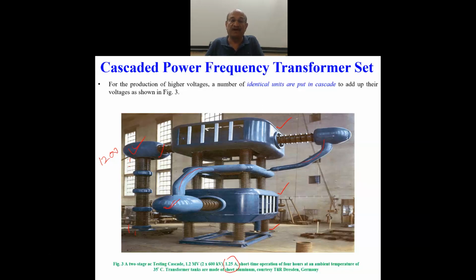But what would happen if you had taken a thin wire instead of these thick pipe-like conductors? There would be a very high field intensity around the thin wire. What would happen?